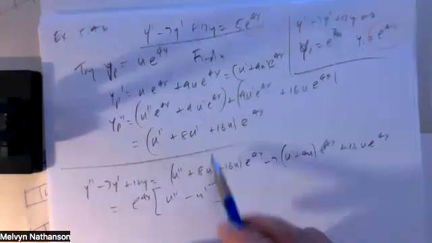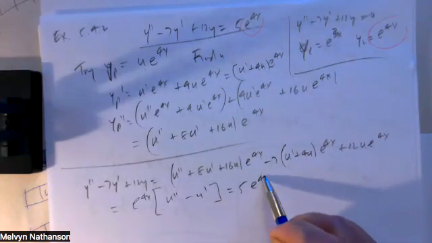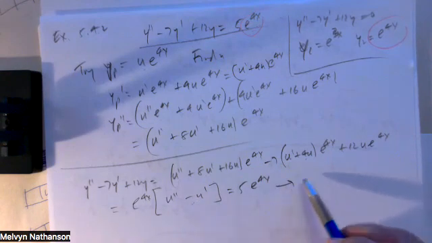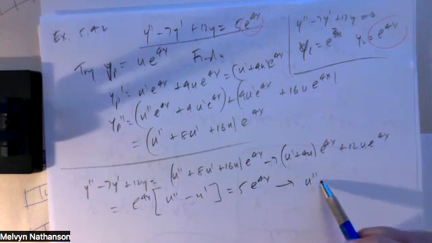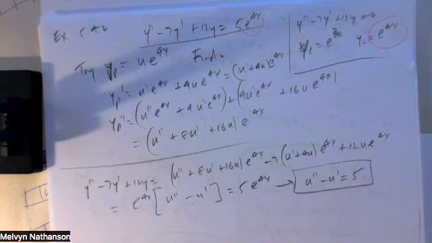And this is supposed to equal 5e to the 4x, which means this function to be determined, u, satisfies u double prime plus u prime equals 5. Now, we just need to find a particular solution of this equation. There's actually an easy one you could find.